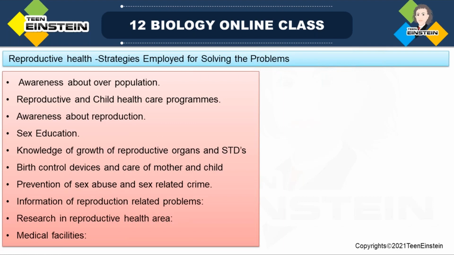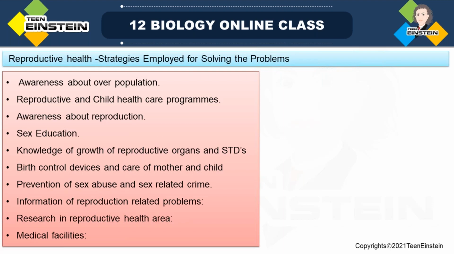It gives a clear idea to children in adolescence. That itself will clear so many issues because they are getting a very good and clear-cut idea about their age, their growth, the reproductive organs, and what reproduction is. Otherwise, the wrong information may misguide them, right? So sex education has a very important role.